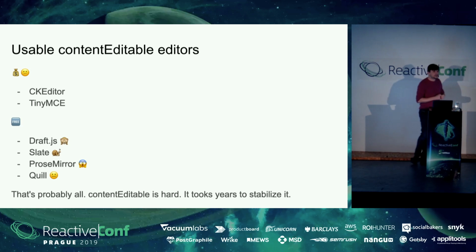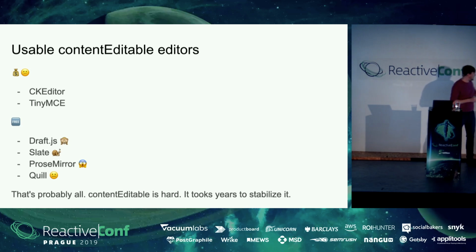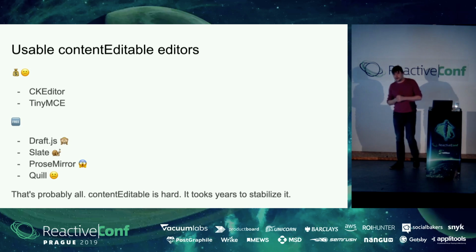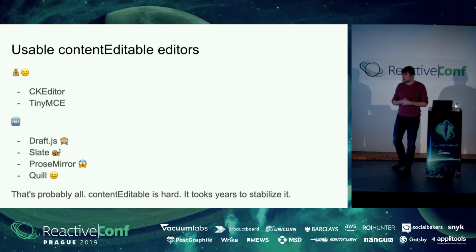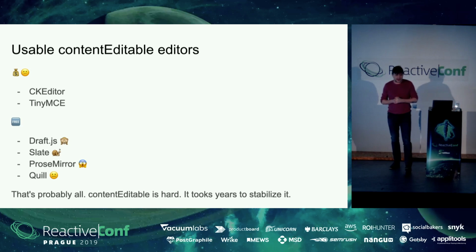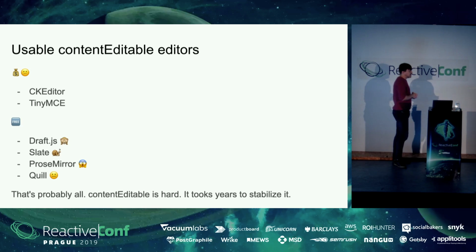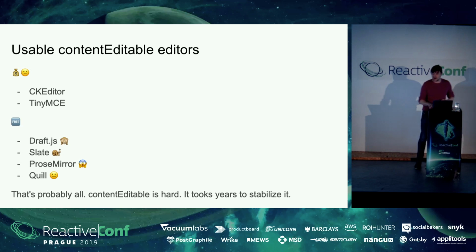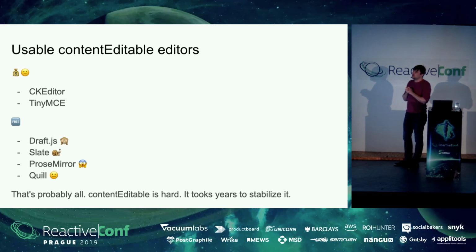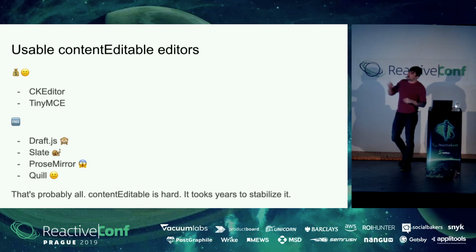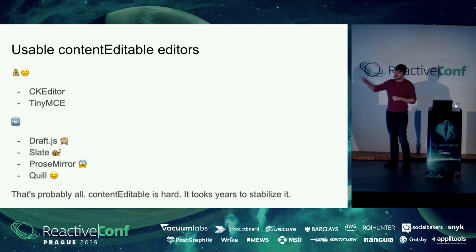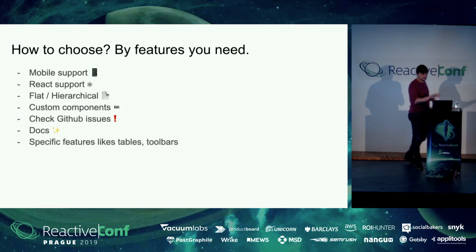The last one I could recommend is Quill, which is another free open source editor. It's probably the most popular nowadays, but still it's somehow limiting. I would be very surprised if there were any other editor than those I mentioned.